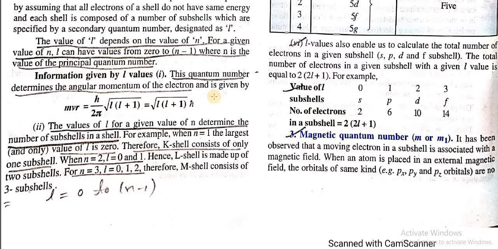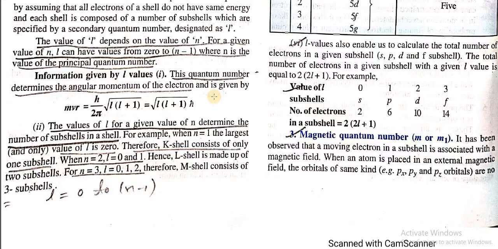Hello class. In yesterday's class, we saw the quantum numbers and came to know about the first two: the principal quantum number, denoted by n, and the azimuthal or orbital quantum number, denoted by L. We also learned how to get the values of the orbital momentum quantum number from the principal quantum number.